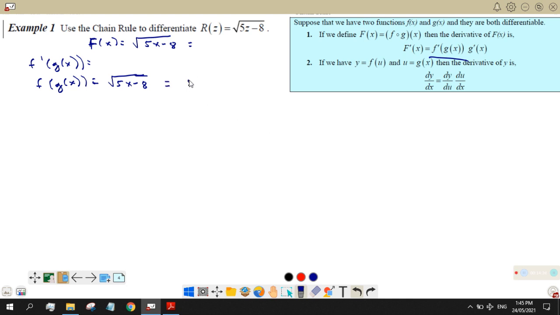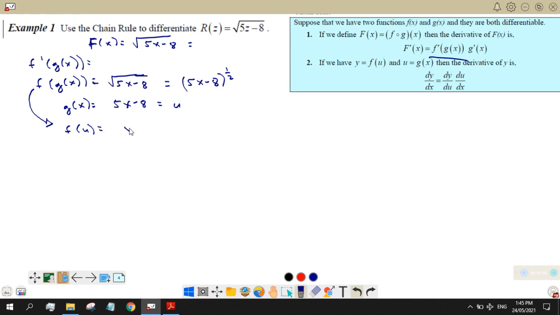Maglelet tayo ng certain variable for g of x. So, si g of x, ilet natin siya as 5x minus 8 or equal siya sa u. Ayan. So, itong value natin dito kanina, si f of g of x, pwede mo na siyang isulat as f of u. Okay?